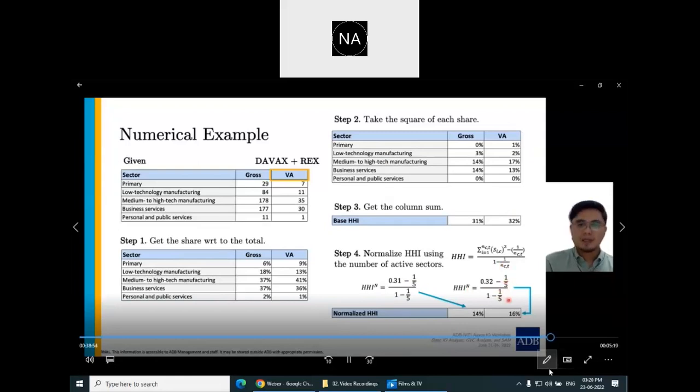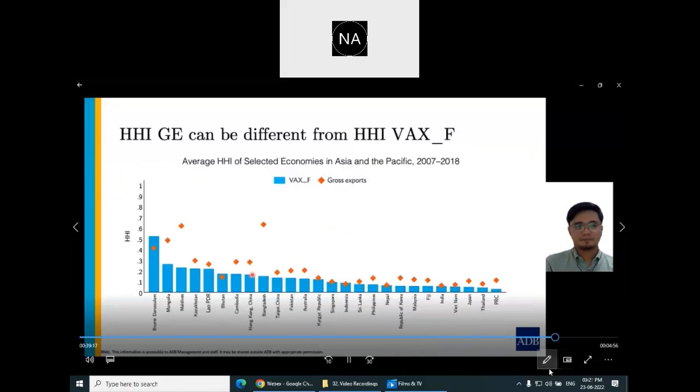While here you have 0.32 minus 1 over the number of active sectors divided by 1 minus 1 over the number of active sectors. That should give you about 16%. So again, the normalized HHI are now as follows: 14% using gross exports, or 16% using value-added exports. Note that in some studies, figures are not expressed in terms of percentage.